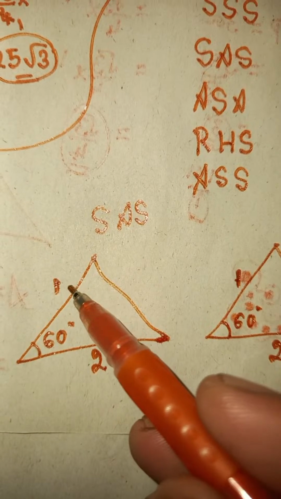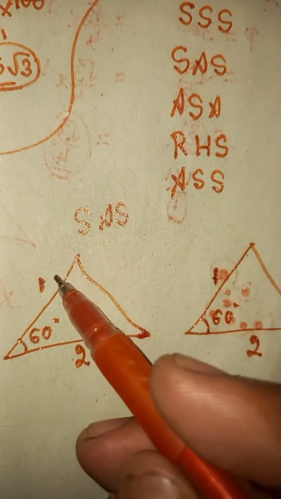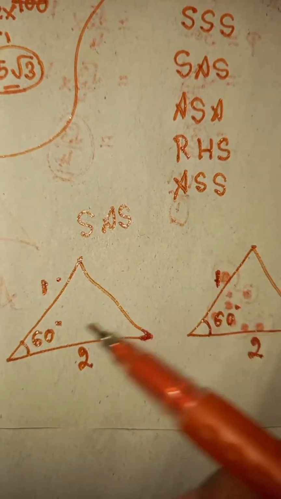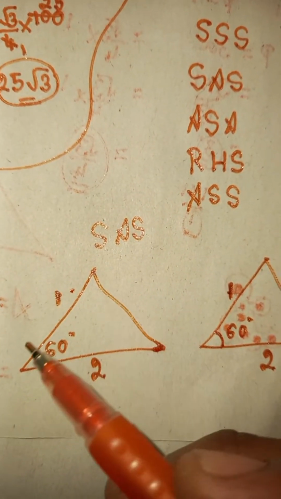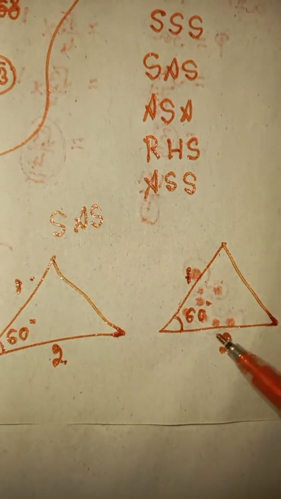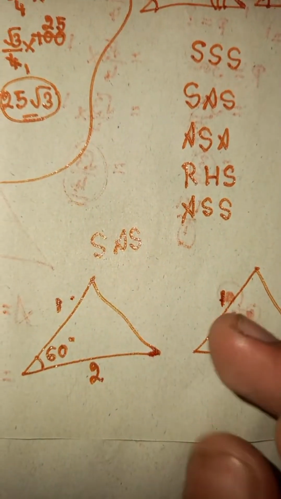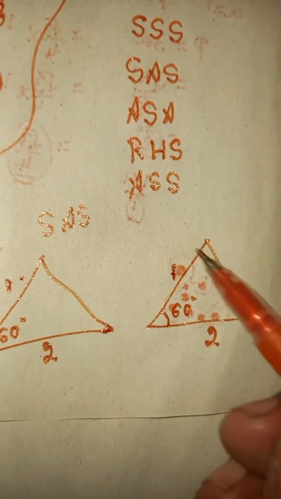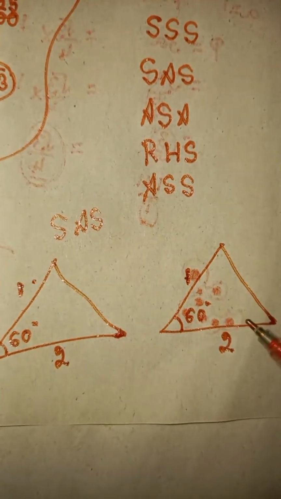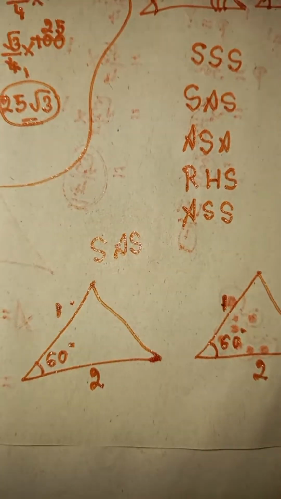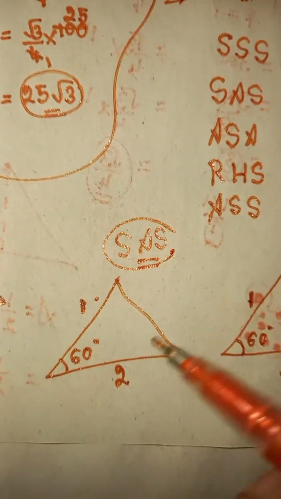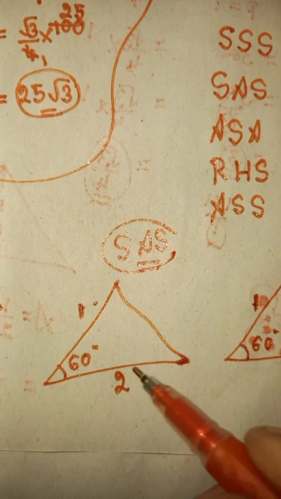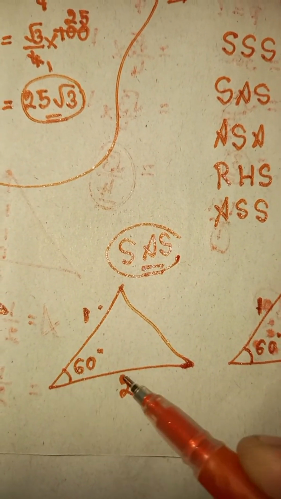When this happens, these two sides are going to be equal, these triangles are going to be equal, and again these two sides are going to be equal. This is SAS, and this is also SAS. Automatically this angle to this angle going to be equal, and these two sides also going to be equal, so they are known as SAS type of congruency. Side, angle and side. This angle must be in between the sides.